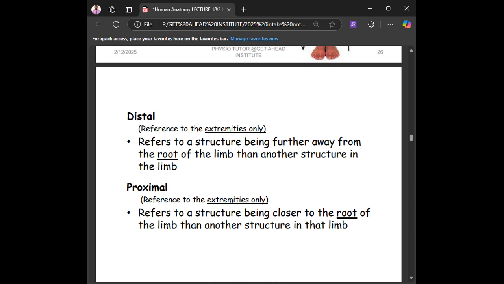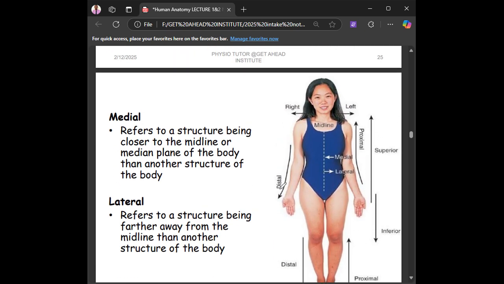Distal basically refers to a structure being further away from the root of the limb than another structure. So when you're talking about the root, let's say this is a joint, the glenohumeral joint here, and then you also have a joint here, which is the elbow joint.